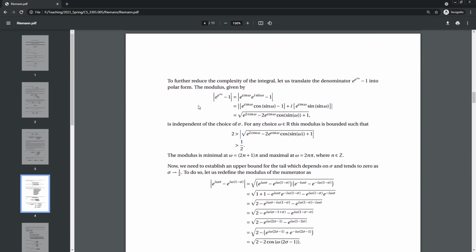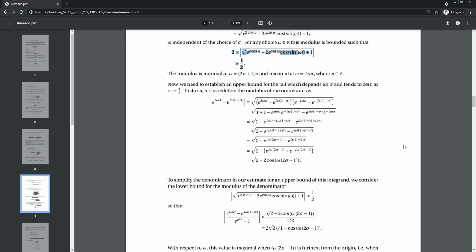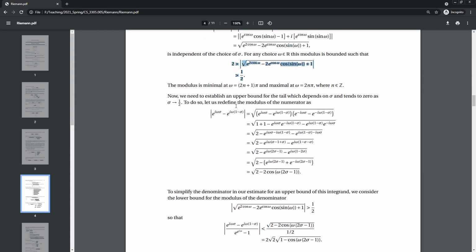So you can just graph this function, or the absolute value of this function, and you can see that the modulus is bounded by this. It's minimal whenever omega is an odd multiple of pi, so pi, 3 pi, 5 pi, etc. And it's maximal whenever it's an even multiple of pi, so 0, 2 pi, 4 pi, etc.